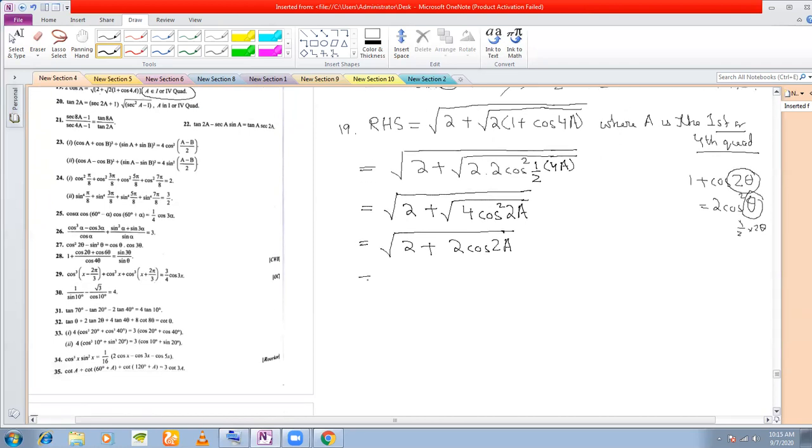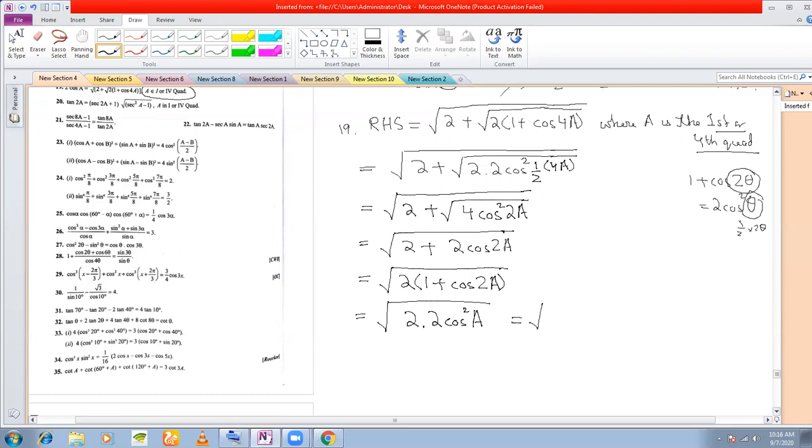Now see what happens. We can take 2 common inside this single radical that we have. One radical we have removed. 1 plus cos 2a. Again we shall use this formula: 1 plus cos 2 theta is equal to 2 cos square theta. We get 2 into 2 cos square a, because 1 plus cos 2a is 2 cos square a.